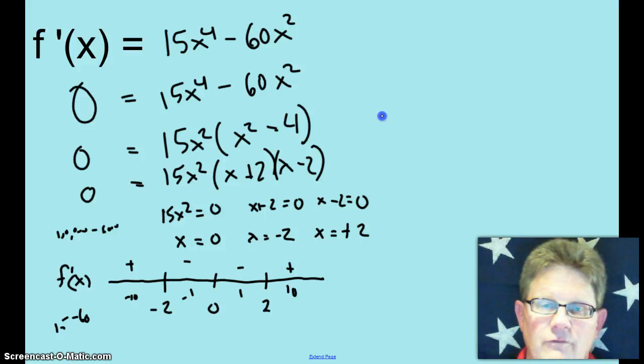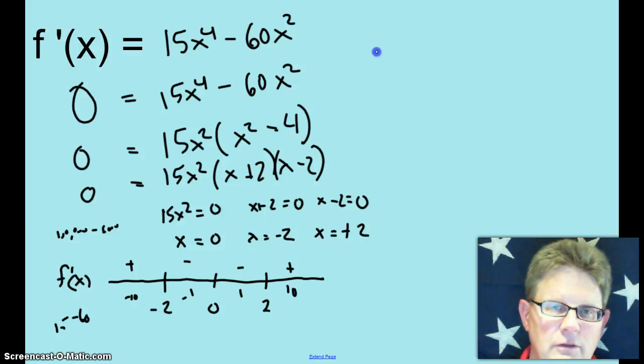So now, from this data, we can figure out where there are relative mins and relative maxes.